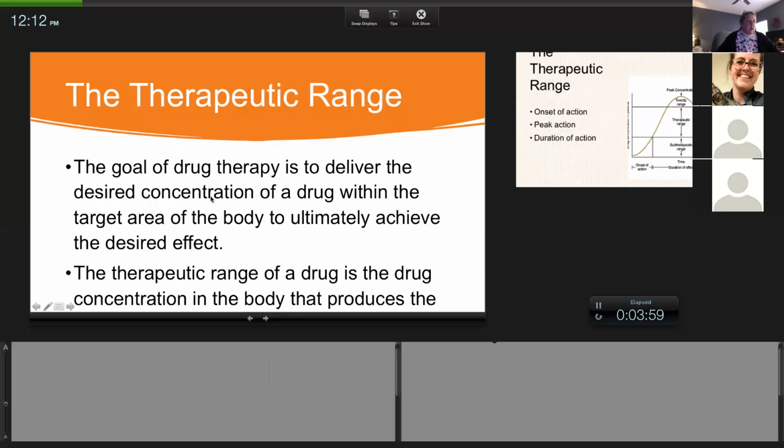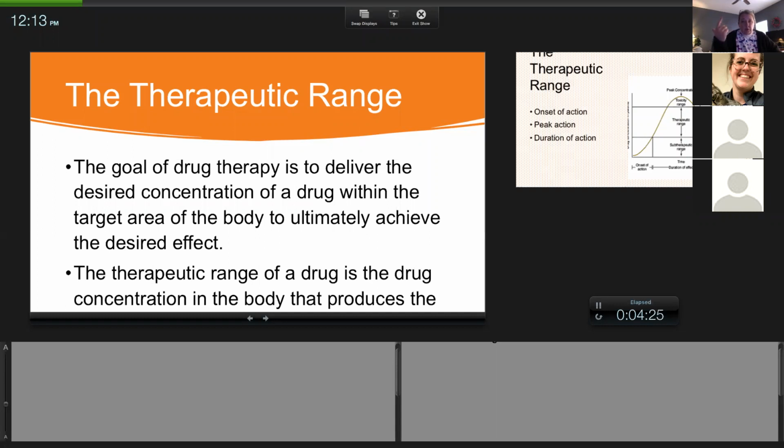And the whole reason, the nuts and bolts of why it's important to know the interval and the amount, is we want to get into therapeutic range. That's why there's not really flexibility if the doctor says twice a day versus once a day versus 4 times a day. It's about getting the drug into the therapeutic range and maintaining it.